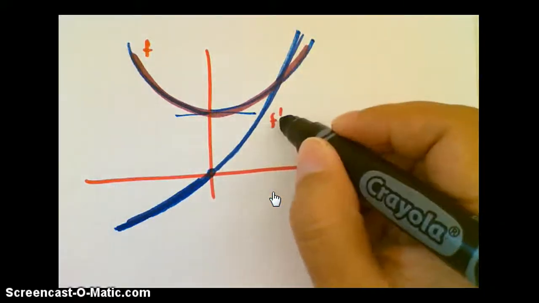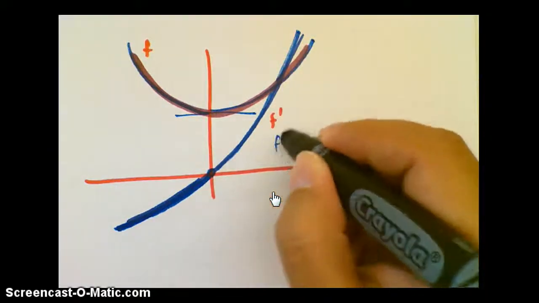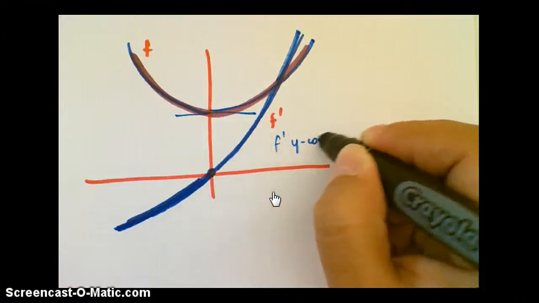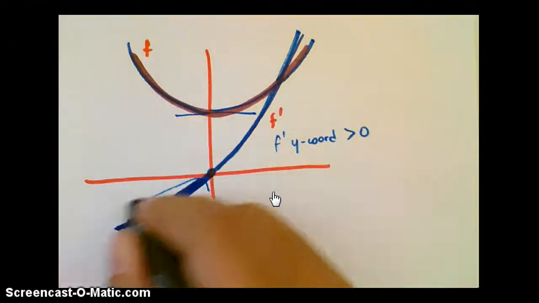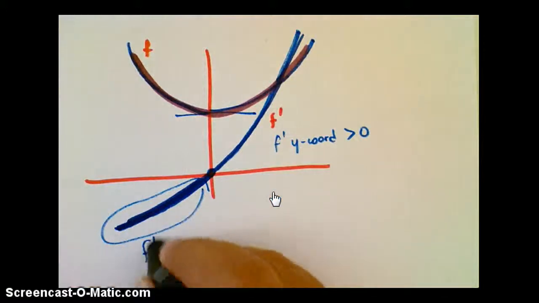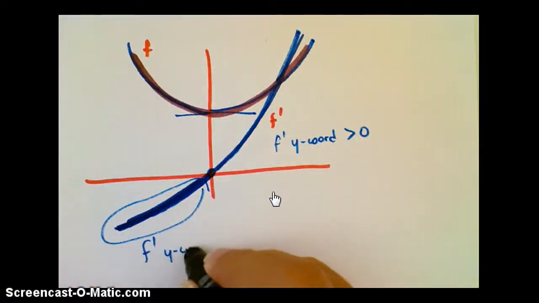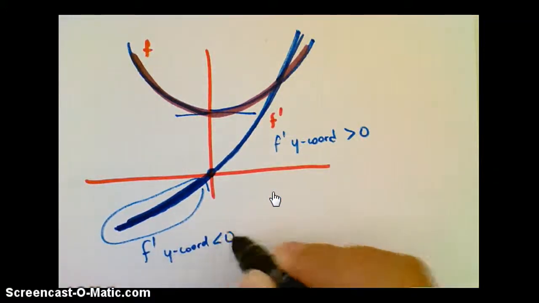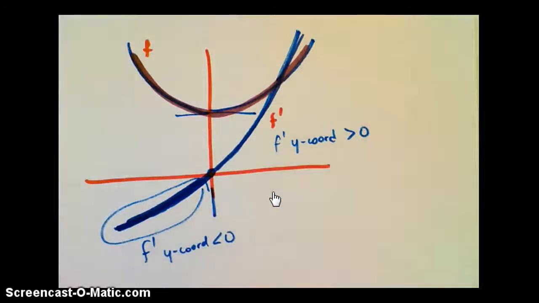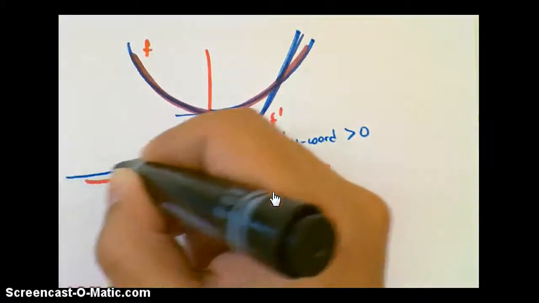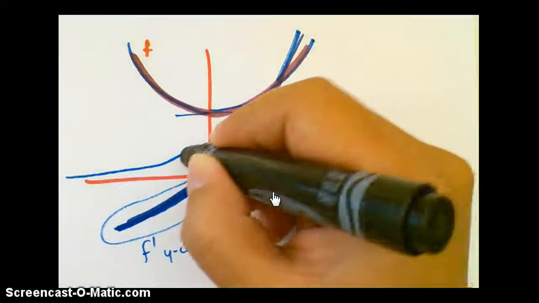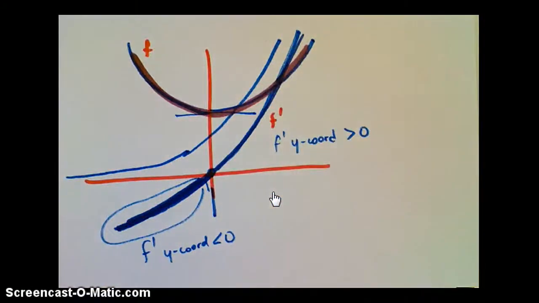When I say f prime is positive, I mean f prime has y coordinates bigger than 0. On this section, f prime has y coordinates less than 0, negative. And f double prime will just be e to the x, and it's showing the same thing.